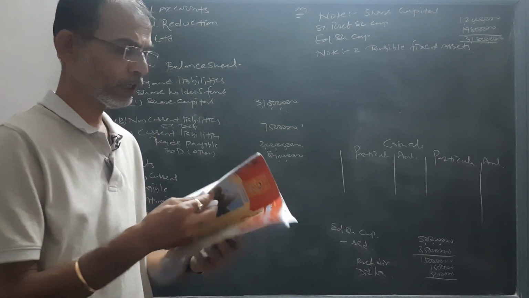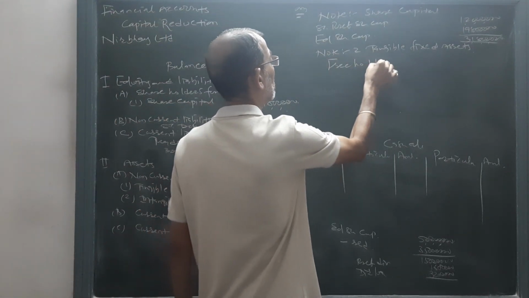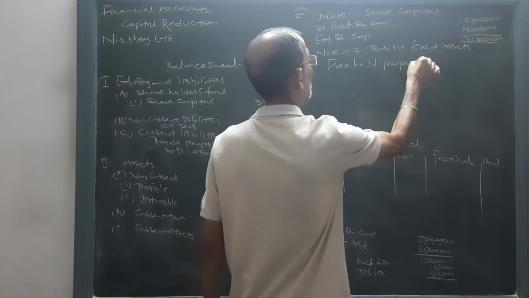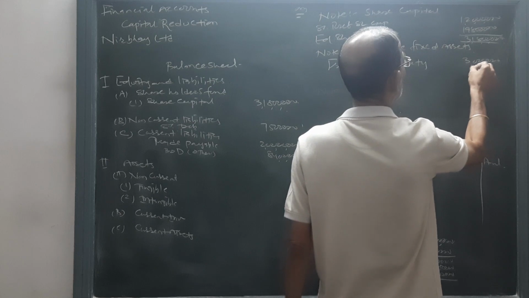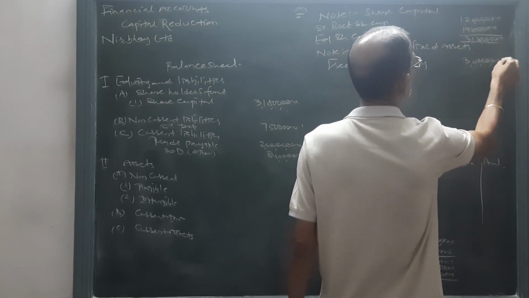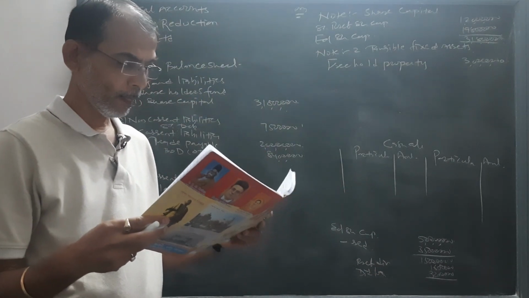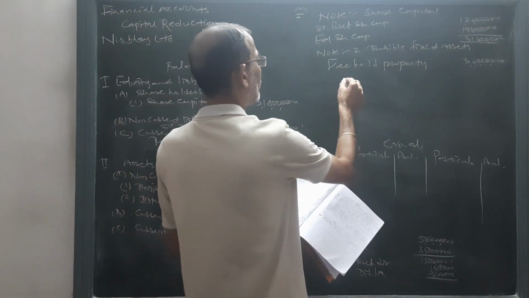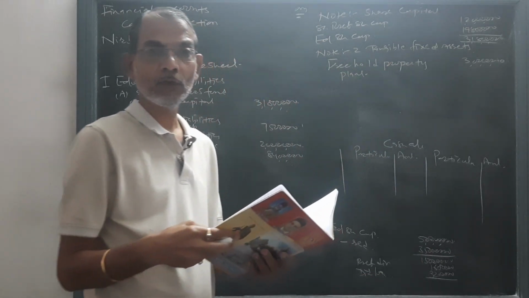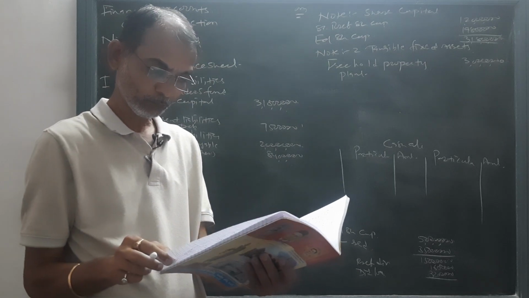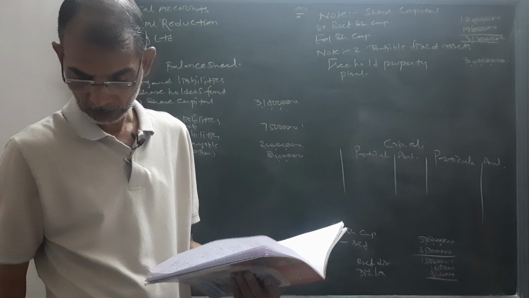Freehold property was revalued at 3 crore. And other fixed tangible asset was plant. Value of plant was 75 lakh, out of which 45 lakh was returned.